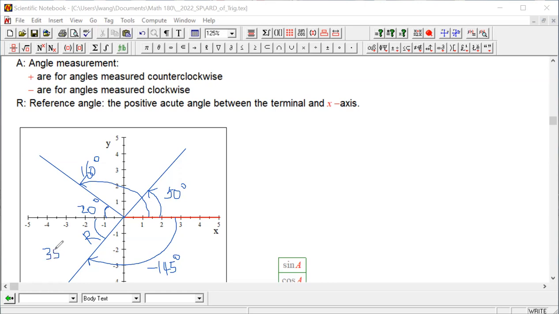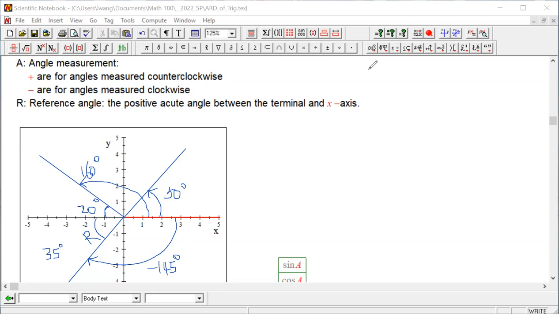All the reference angles are between 0 and 90 degrees. And 35 degrees plus 145 degrees makes 180 degrees. So for negative 145 degrees, its reference angle is 35 degrees.